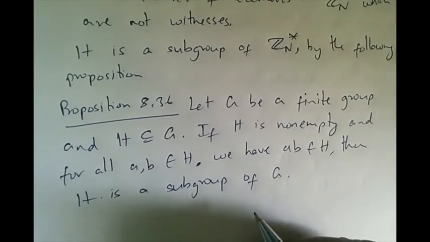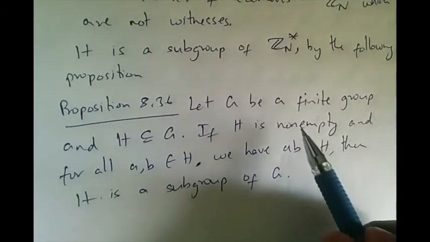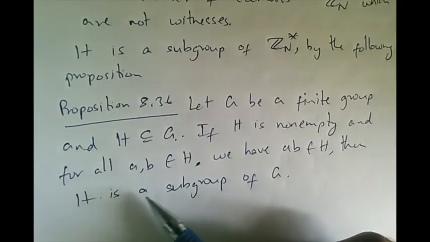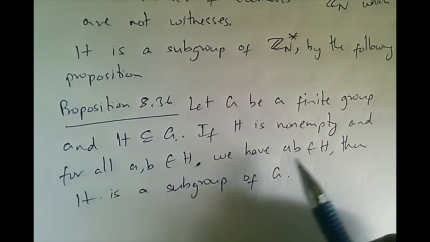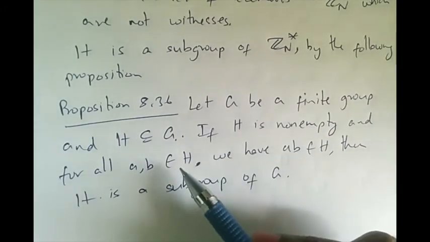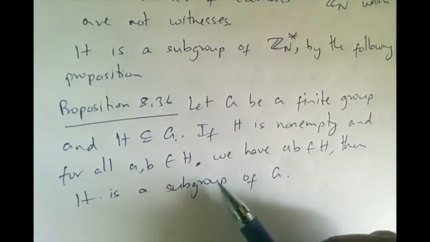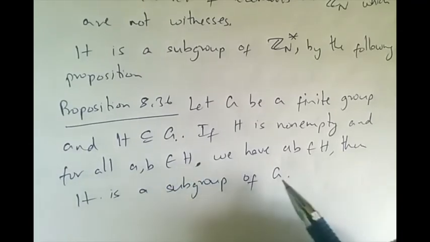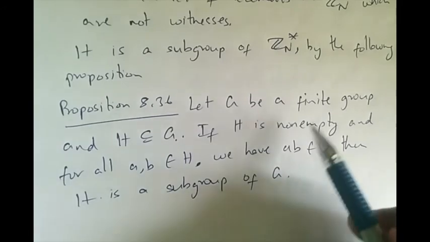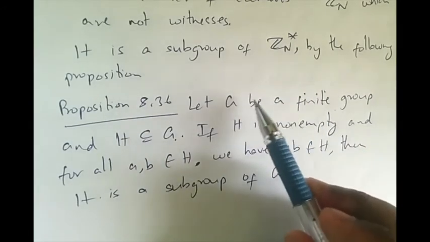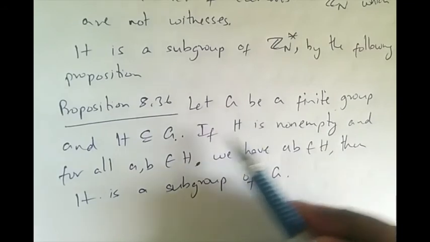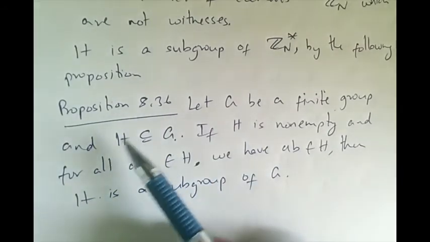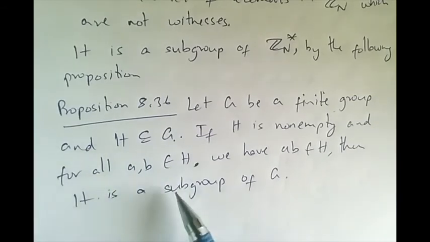So if you recall the definition of subgroup, we said that a subgroup is a non-empty subset of G which should be closed under the operation, and for all a in H, A inverse should also be in H. But here we are removing that inverse condition. We are just saying it needs to be closed. The reason we can do that is because G is a finite group. So if G is a finite group and H is a subset of G, H is also a finite subset, which is closed under the operation.